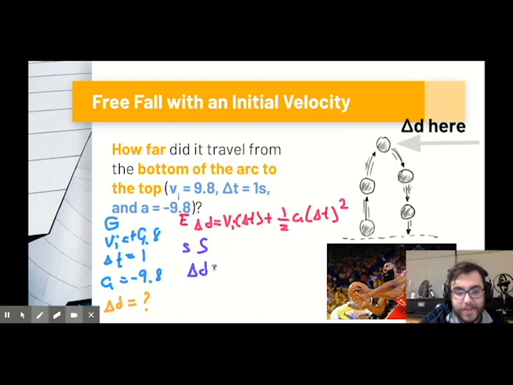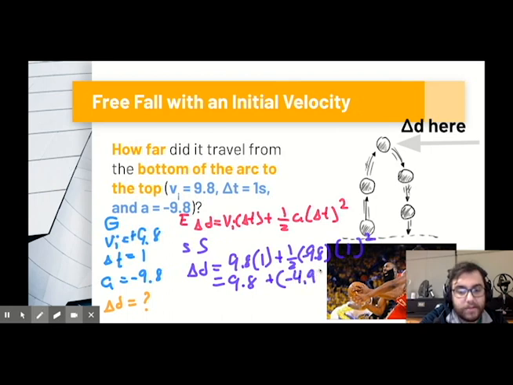So displacement is equal to Vi, which is 9.8, times 1, plus 1/2 times negative 9.8 times 1 squared. 9.8 times 1 is just 9.8. Negative 9.8 times 1/2 is negative 4.9. 1 times 1 is 1.